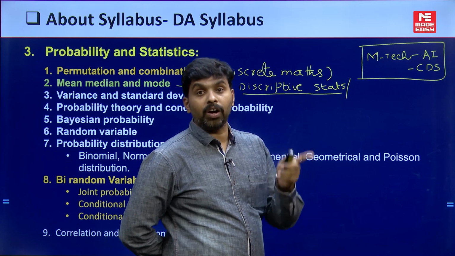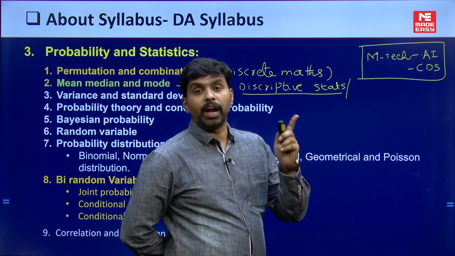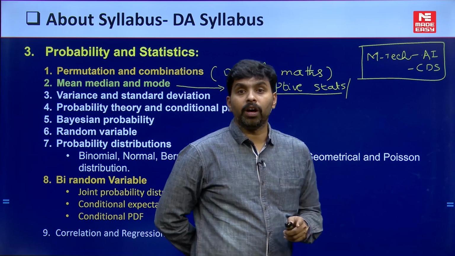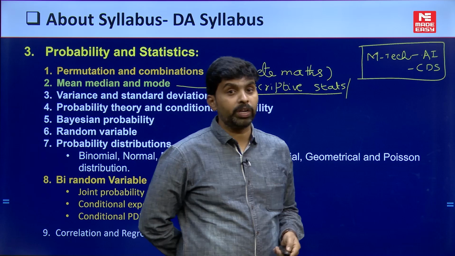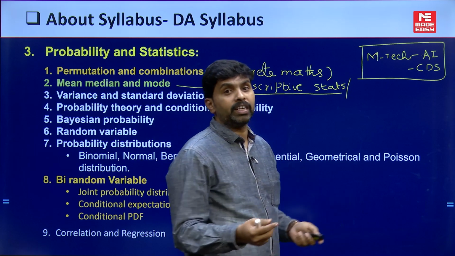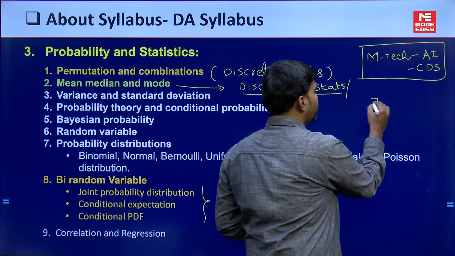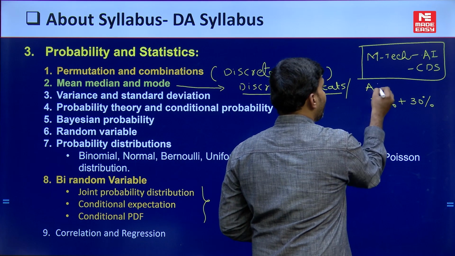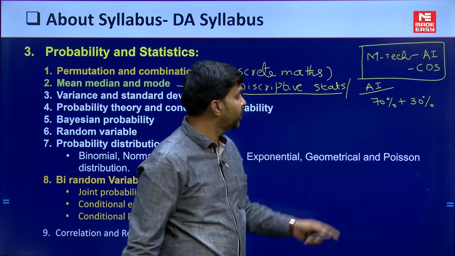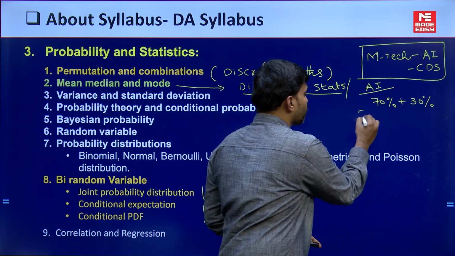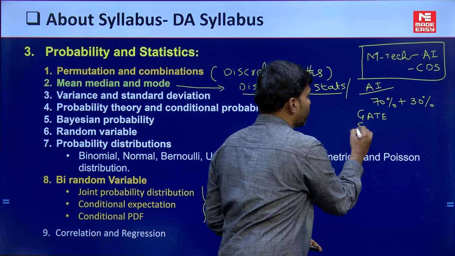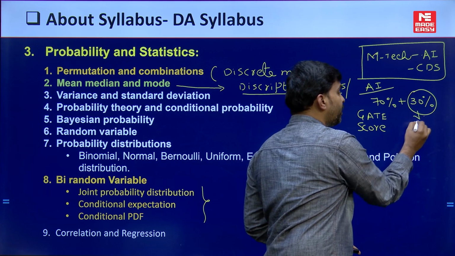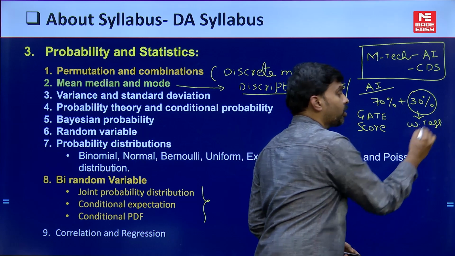People from these 4 branches are eligible, and the GATE score is considered: 70% GATE score and 30% written test. So if you take the AI paper, 70% is the GATE score and 30% is a written test, and that too offline.